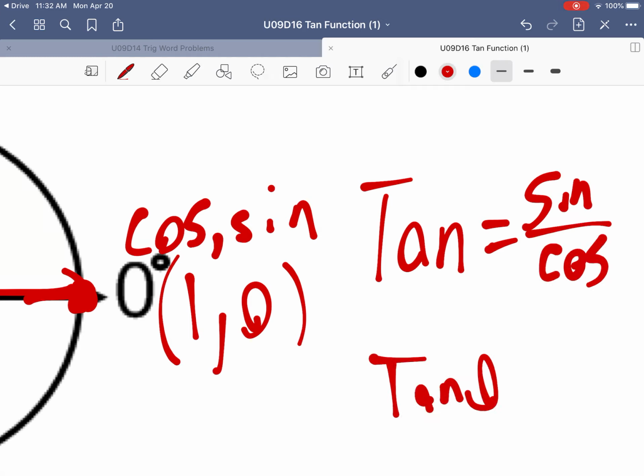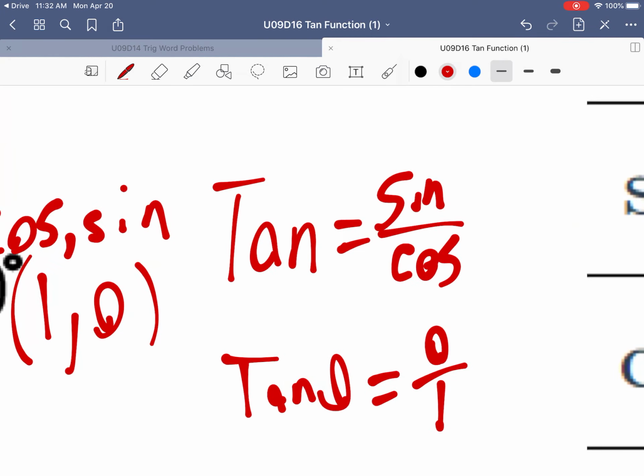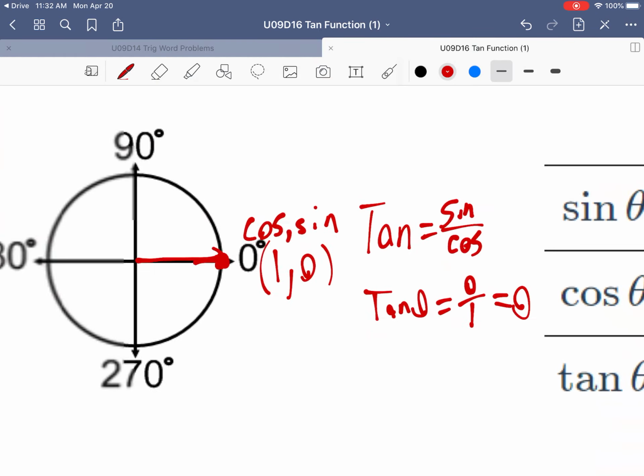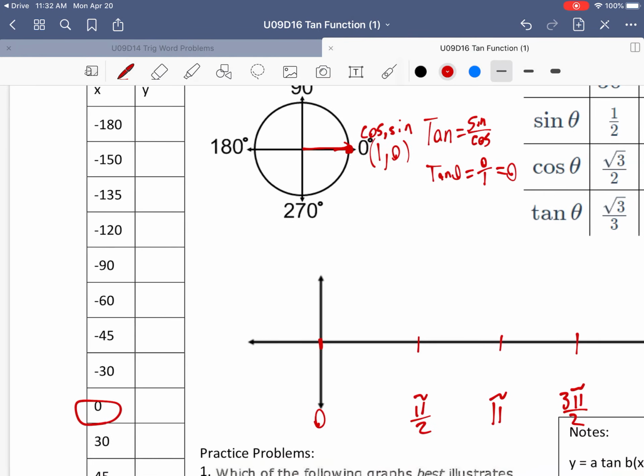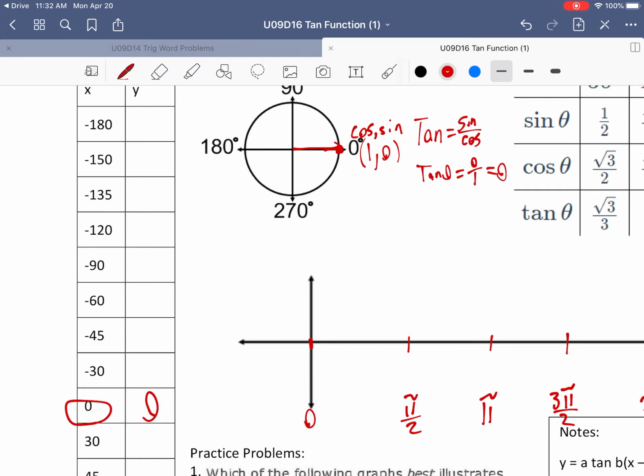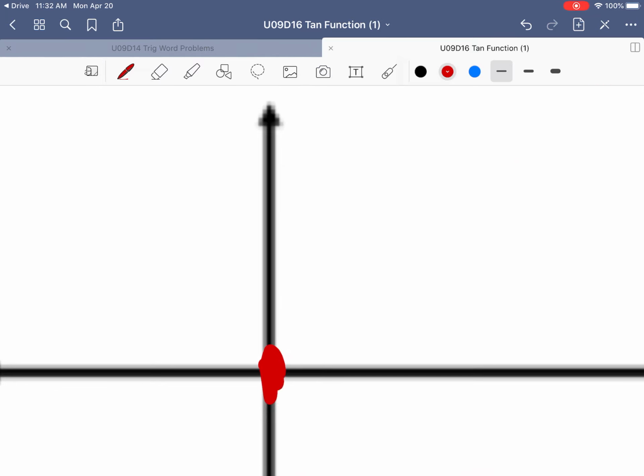So the tan of 0 should be equal to 0 over 1, or 0. So that's our first point. So the tangent of 0 is 0. We'll plot a point really big right here.